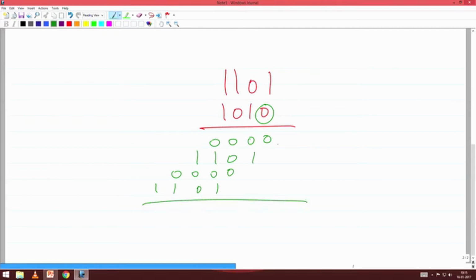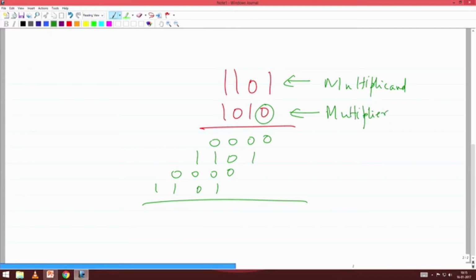So the generation of the partial product is basically to take every bit of the multiplier. Let me call this the multiplicand, and let me call this the multiplier.